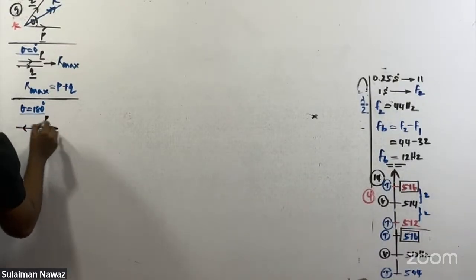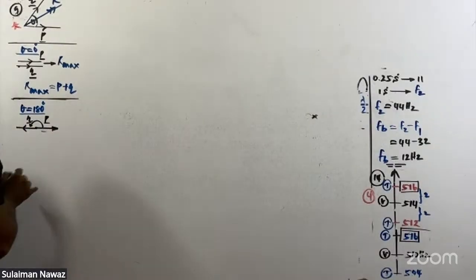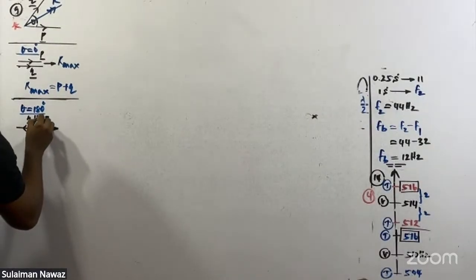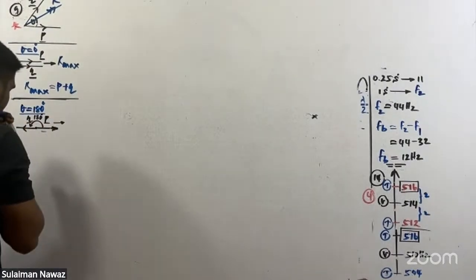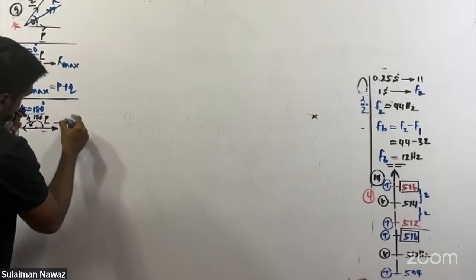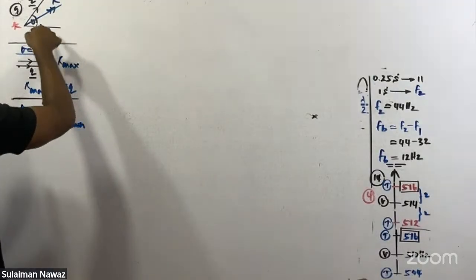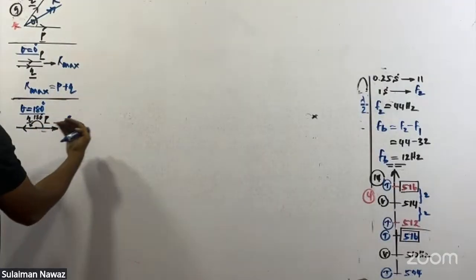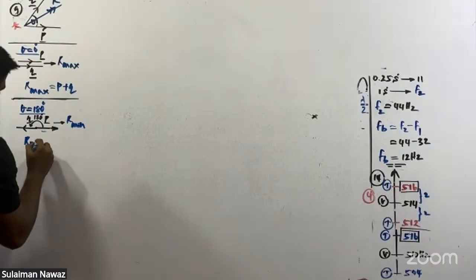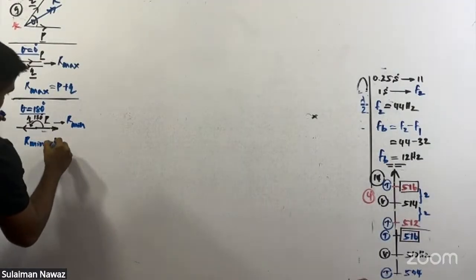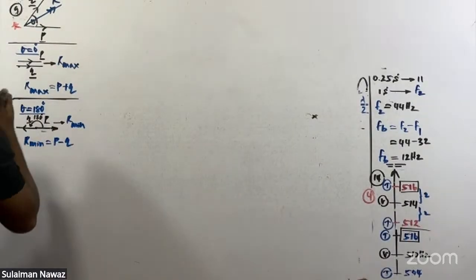When the angle between vector P and vector Q is 180, the magnitude of the resultant is minimum. I can prove that using the angle, but not today. Remember, the minimum resultant is equal to the magnitude of vector P minus the magnitude of vector Q. Learn this by heart.